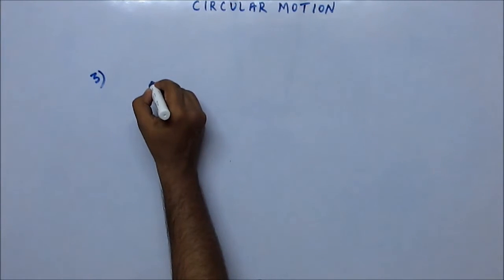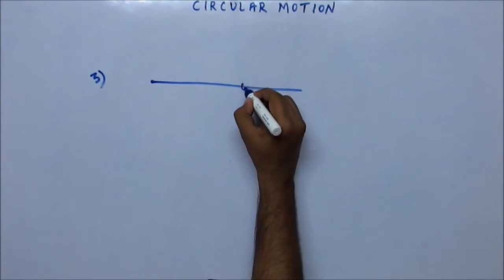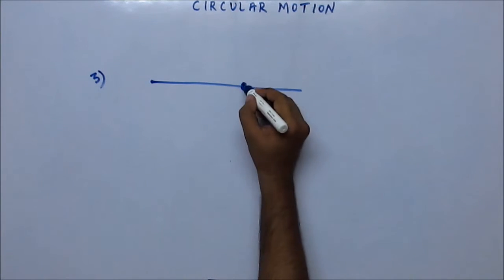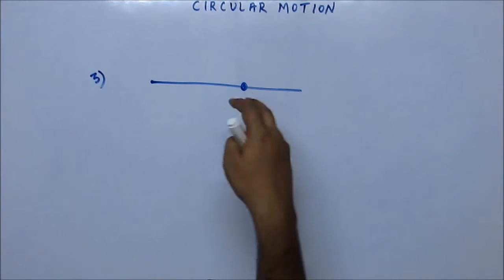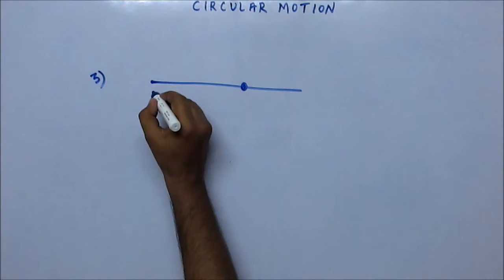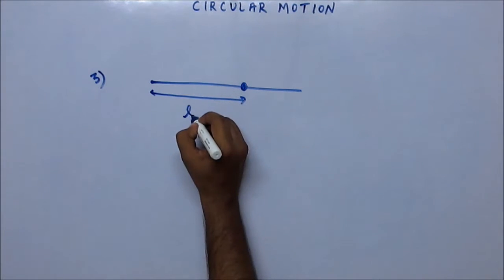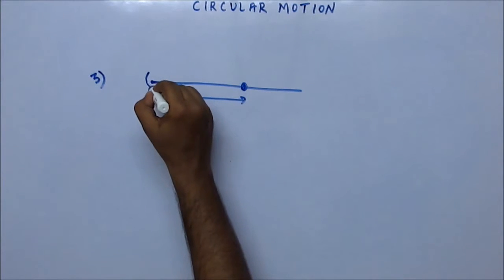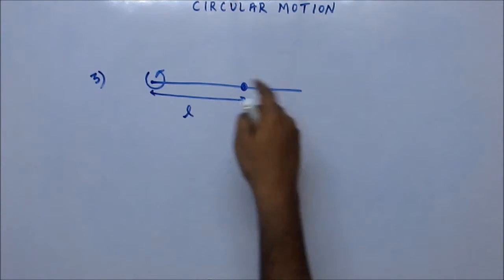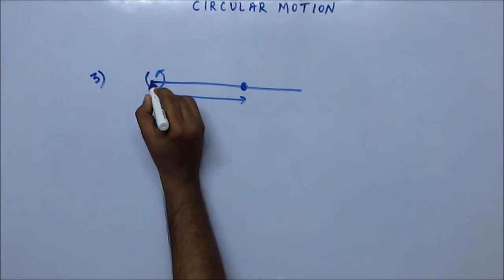Now this problem was asked in IIT JEE in 2000. Suppose there's a rod and there's a bead on the rod, and the distance of the bead from one end of the rod is L, and suppose the rod is given some angular acceleration to go in a circular path about this point.